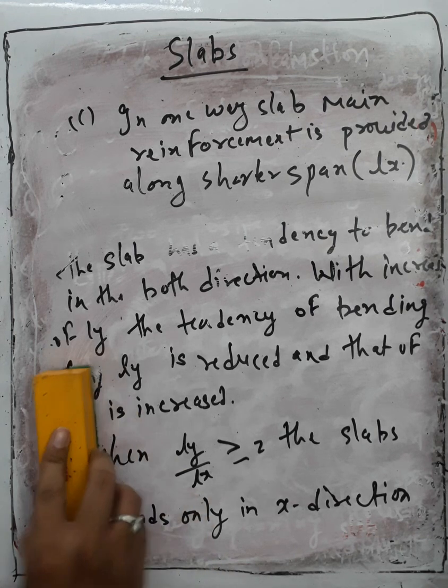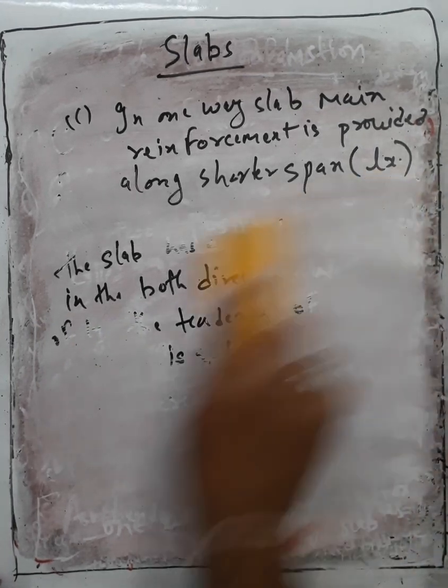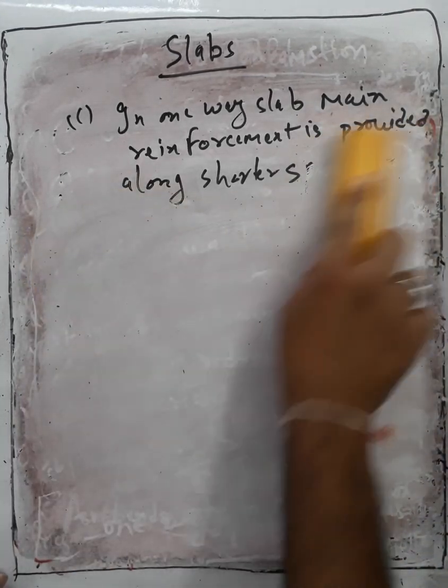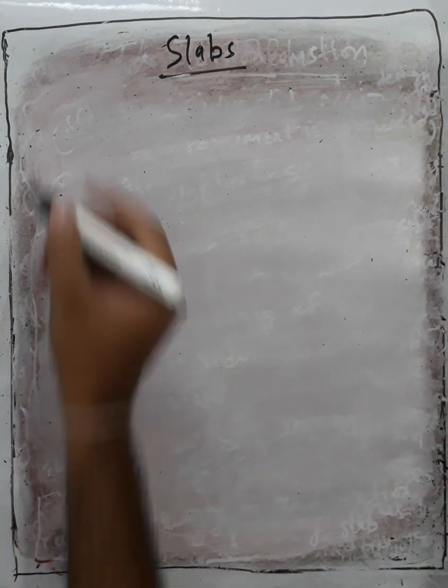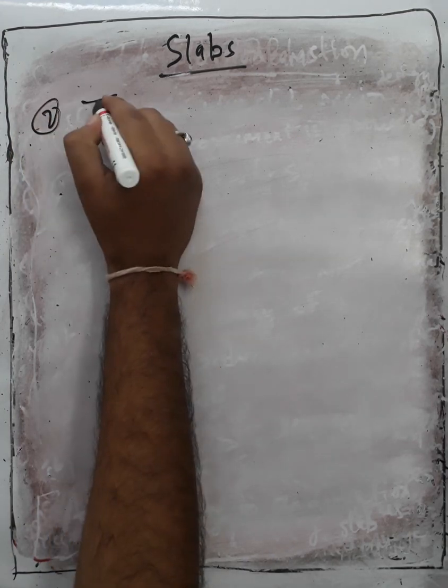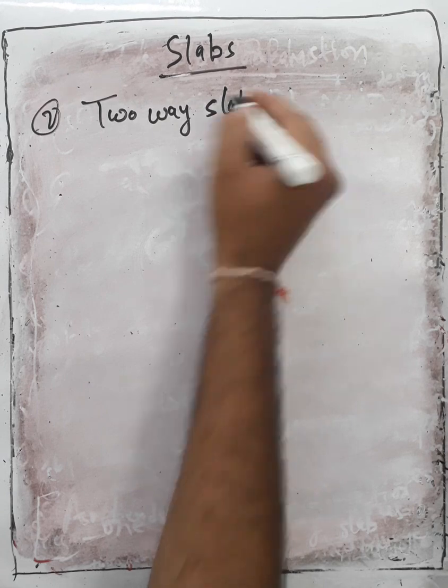Now we see the two way slab. The second type is two-way spanning or two-way slab.